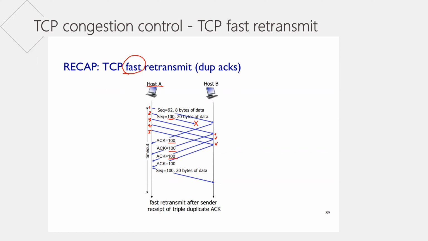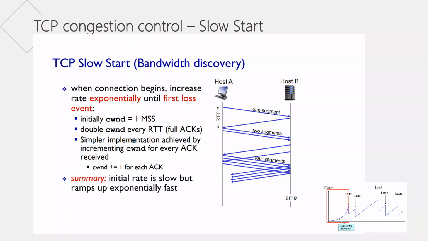So the next one, the slow start. The slow start is another key point for congestion control. It's really important, and let's see how it works. What is slow start?